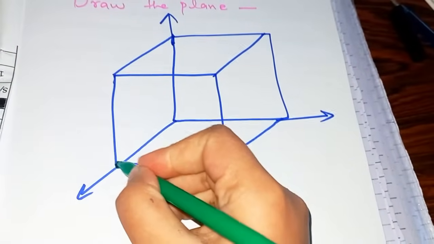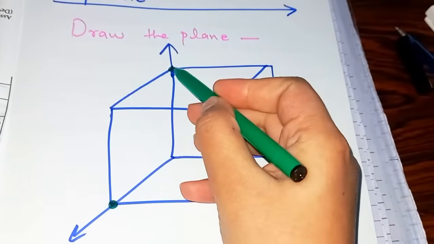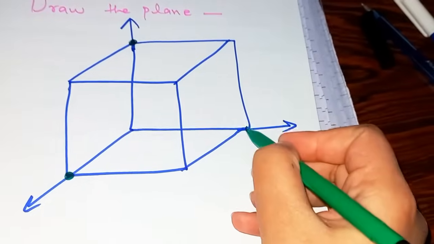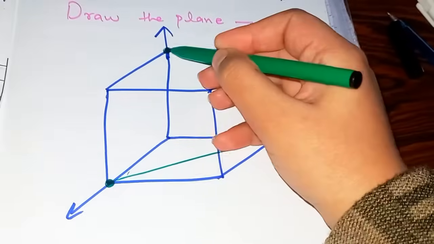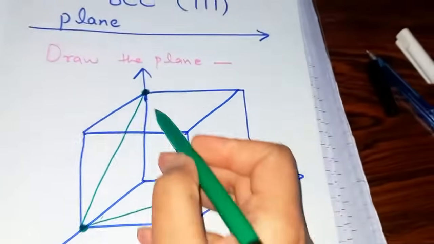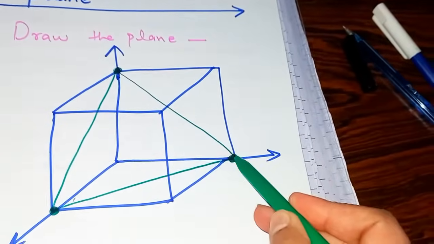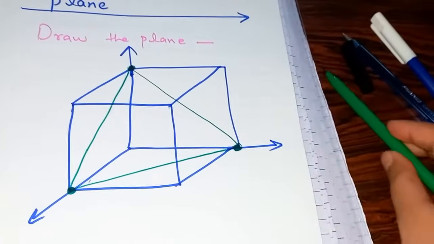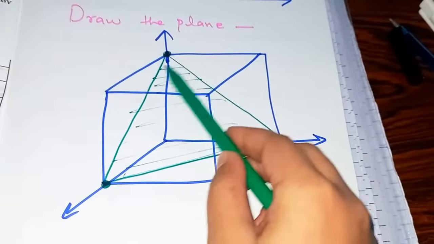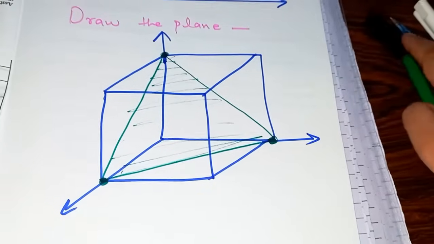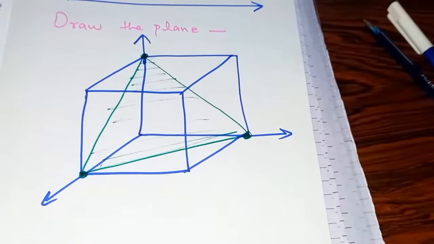So this is one on z, and this is one on y. Linking them together through a straight line gives us the plane. We can even shade it if we want, but we don't need it exactly.